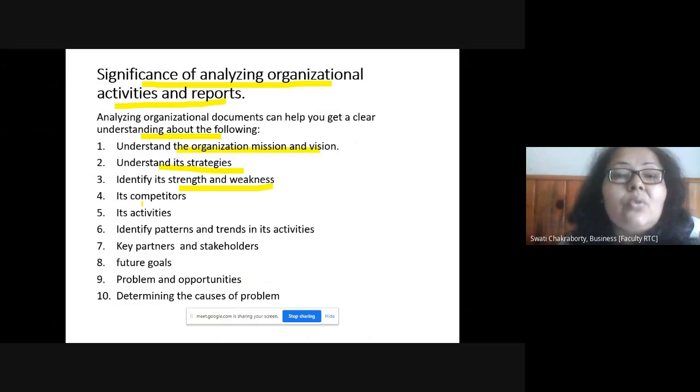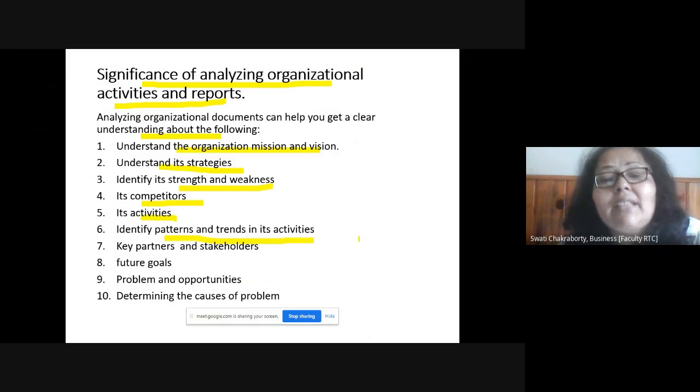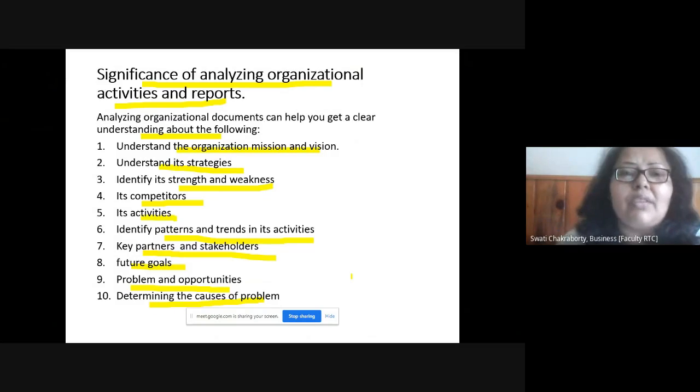We get to know about the organization's competitors and the activities that the organization is following. We can identify the patterns and trends in the activities being followed, who the key partners and stakeholders of the organization are, what the future goals, problems and opportunities of the organization are, and determine the causes of the problem. That is how analyzing the reports and the activities helps us.